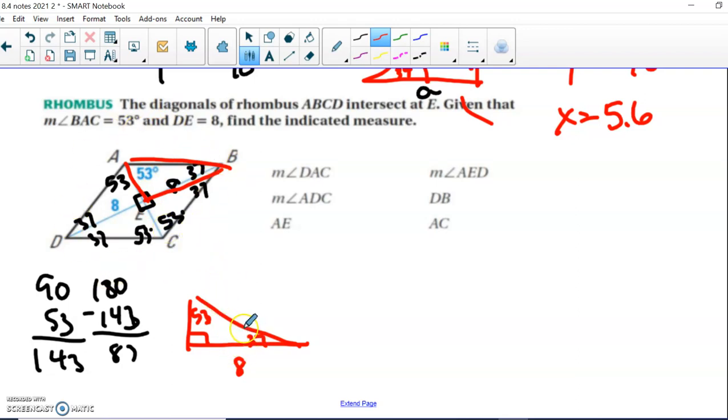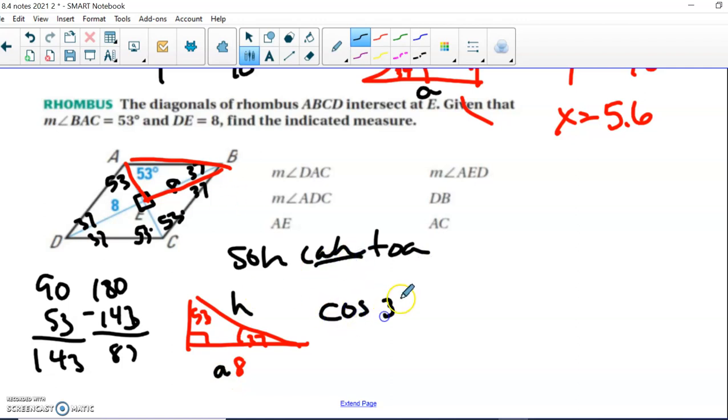So from the 37, I'm going to go ahead and use my adjacent, and we're looking for hypotenuse. If we go back to SOHCAHTOA, adjacent hypotenuse tells us we're going to use cosine. Cosine of 37 equals adjacent, which is 8, over hypotenuse, which is what we're looking for. Cross multiply.